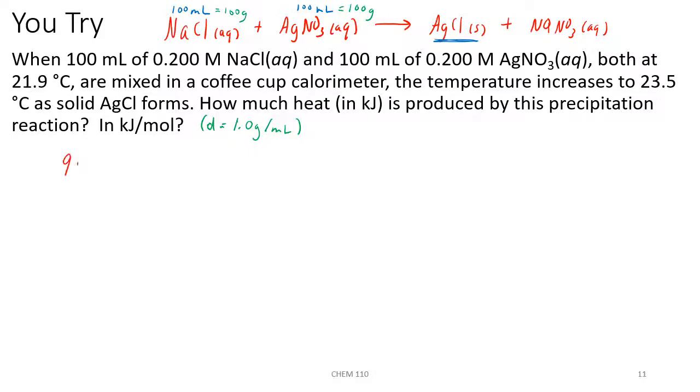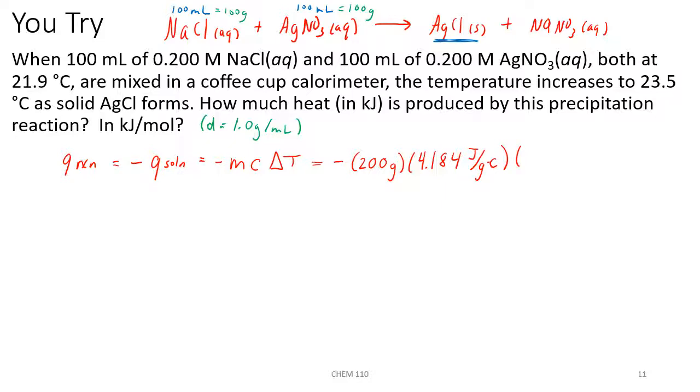The heat of our reaction can be calculated by taking the heat of our solution, and it'll be opposite in sign. The heat of our solution will be negative mc delta T. The mass total of our solutions is going to be 100 grams plus 100 grams, so 200 grams total, times our specific heat of water, that's our second assumption we can make, 4.184 joules per gram degrees Celsius, times our T final minus our T initial.